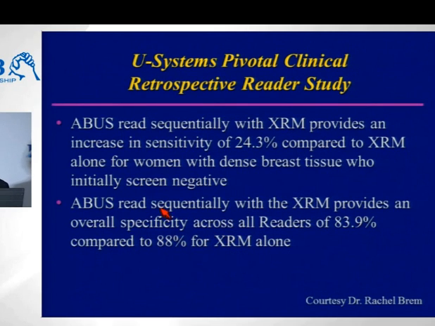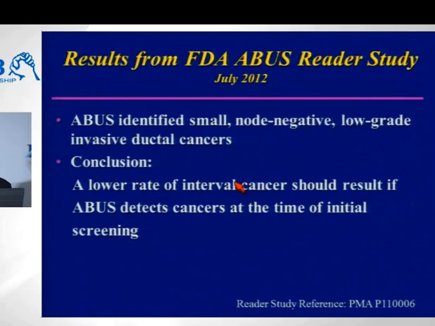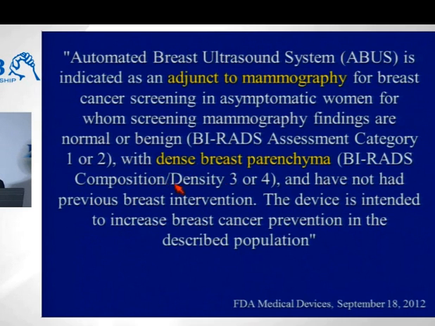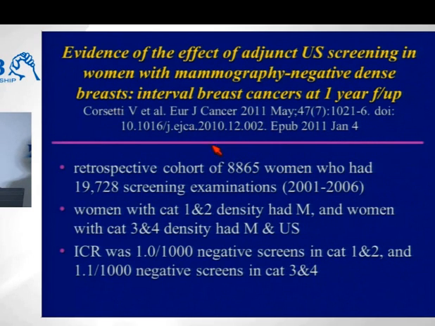So as a result of the increased sensitivity of adding ABUS to mammography, the ABUS has been FDA approved for women with dense breast parenchyma who've not had previous breast intervention. The Italian group did something even more interesting.